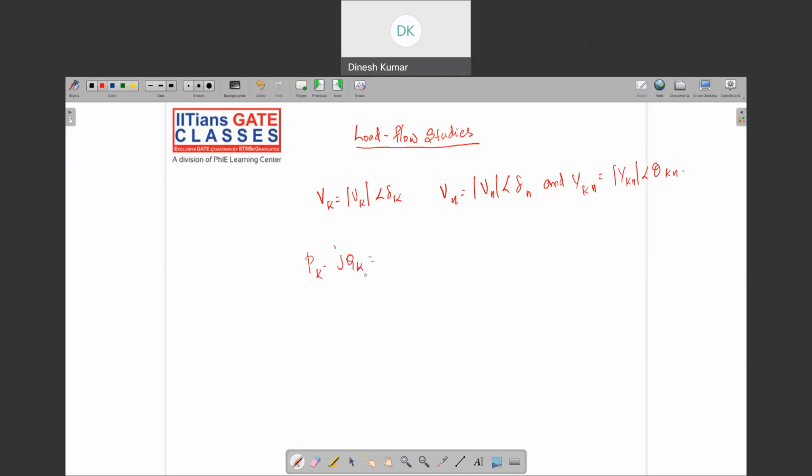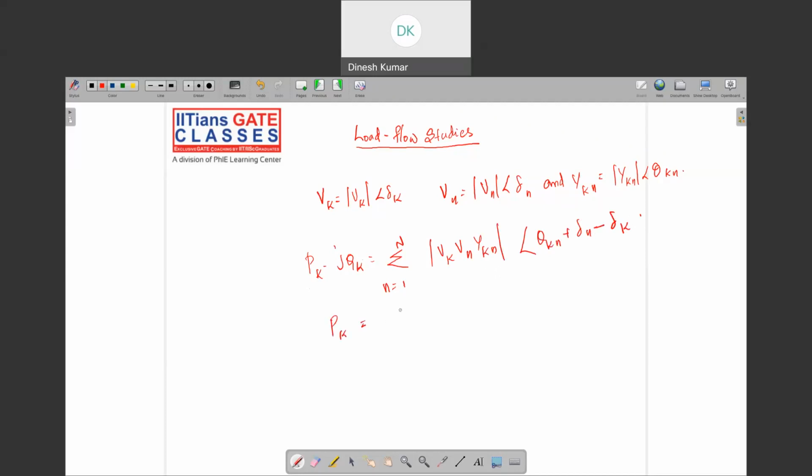Now we can write Pk minus jQk, right, because this is Vk star into Ik. It is basically the sum for n equal to 1 to n of mod Vk, Vn, Ykn into angle theta kn plus delta n minus delta k. Now we can find Pk and Qk.